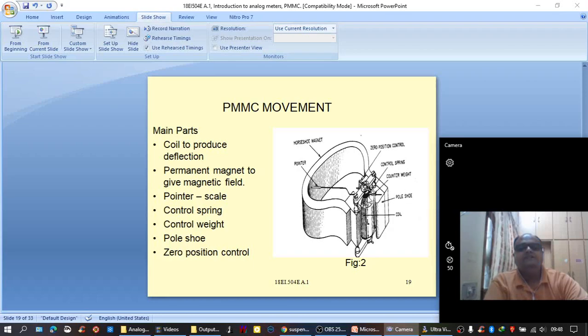As you can see here, the length of the pointer on one side is more compared with the length of the pointer on the back side. This is the end portion of the pointer.